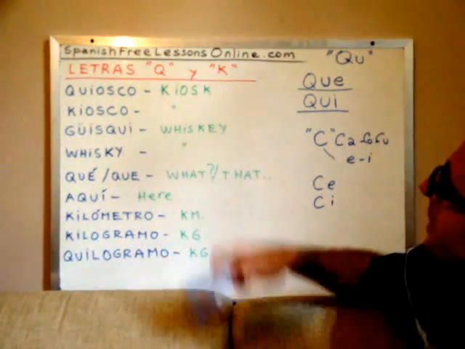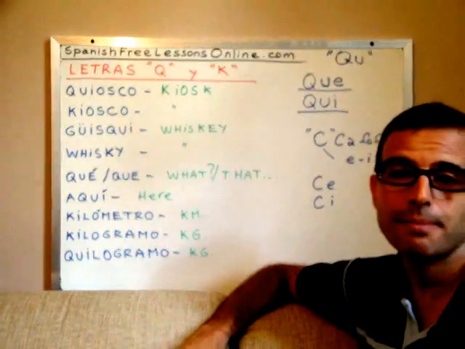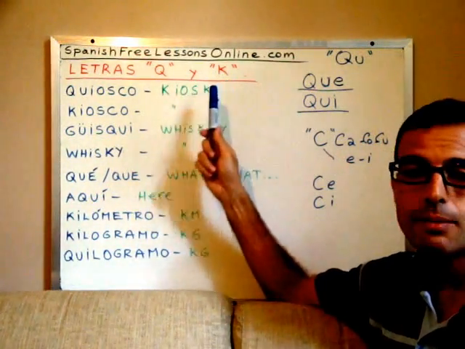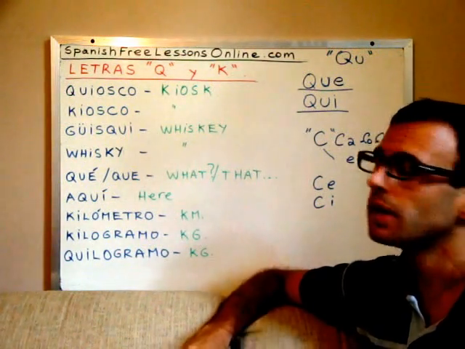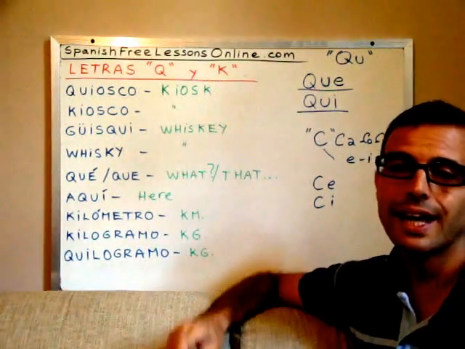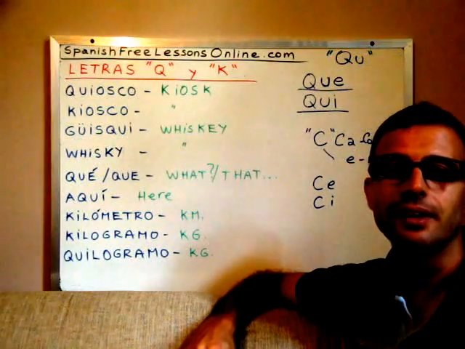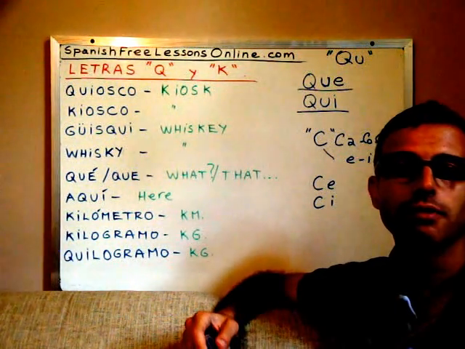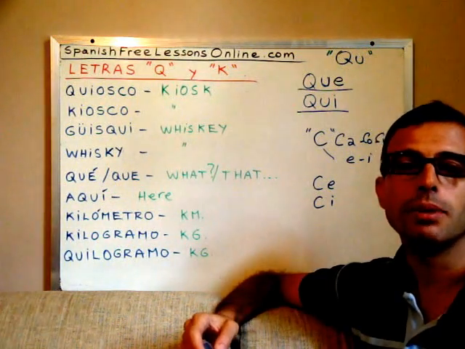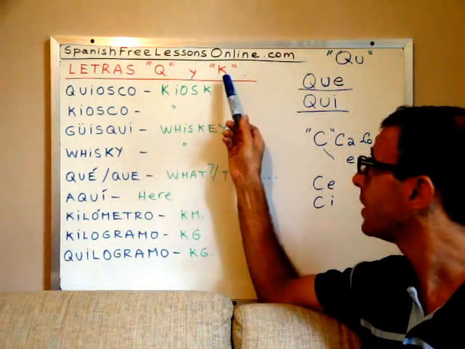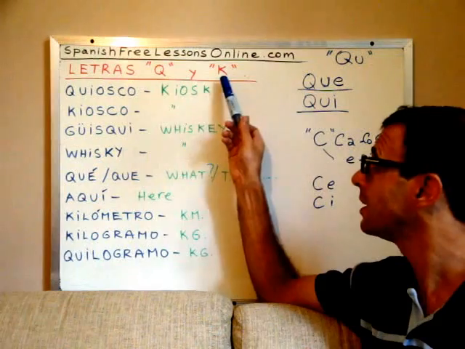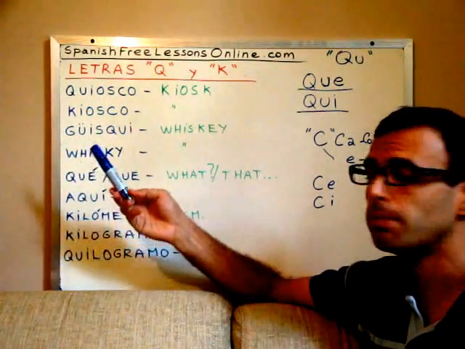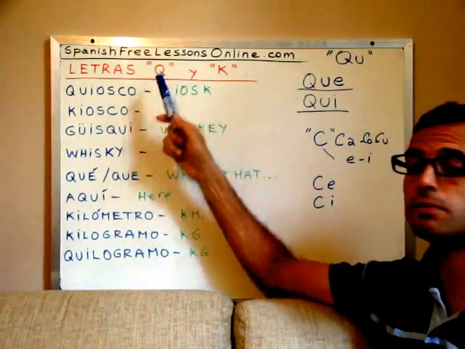And letter K in Spanish, or letra K, has the same sound as the Q, but the K is a letter that many people don't even consider part of the Spanish language, right? Because the pronunciation of the K can be replaced by the C and the Q.